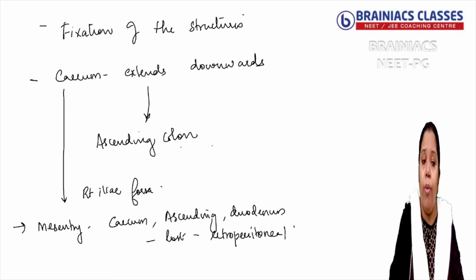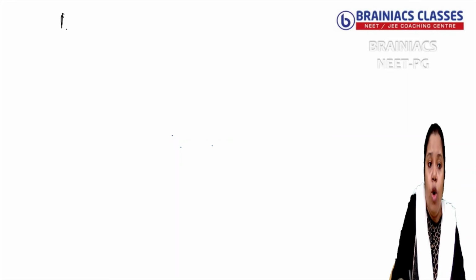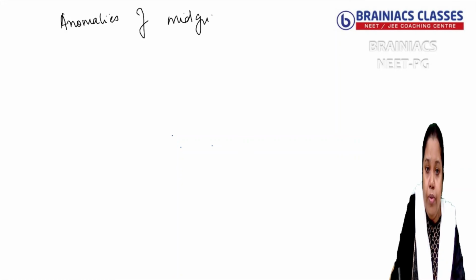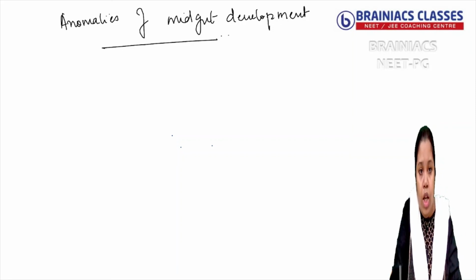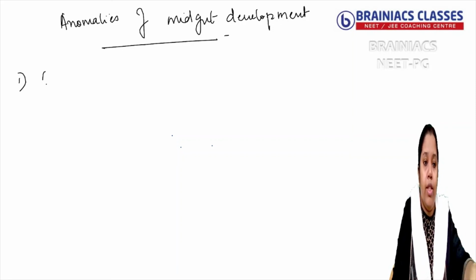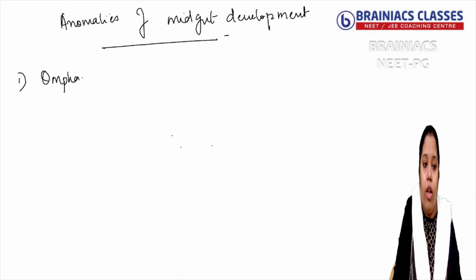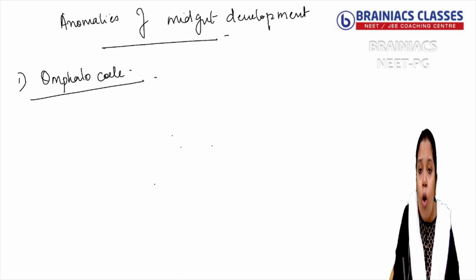Now coming to the abnormalities or anomalies of midgut development. The first one is called omphalocele. What is happening in omphalocele?